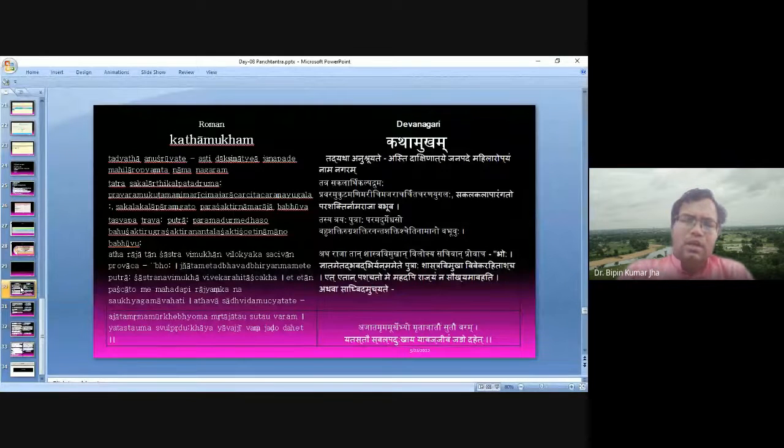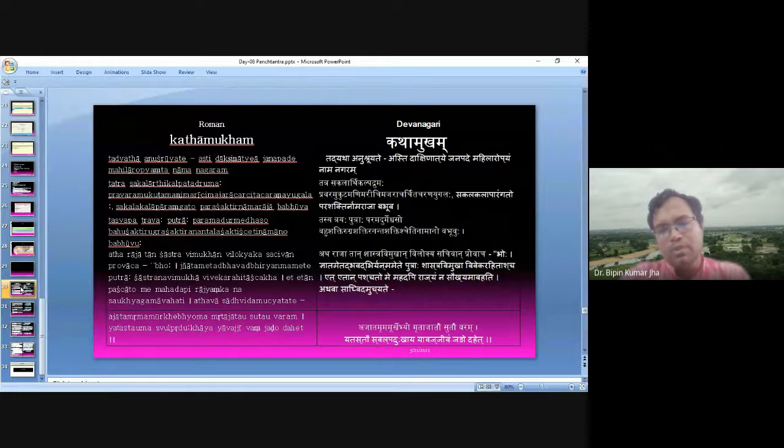Let's say first of all, you will find that it is written Katha Mukham. What does Katha Mukham mean? You will see in the text of Banabhatta, the well-known Indian prose writer, the same thing: Katha Mukham, Kadambari, Katha Mukham.